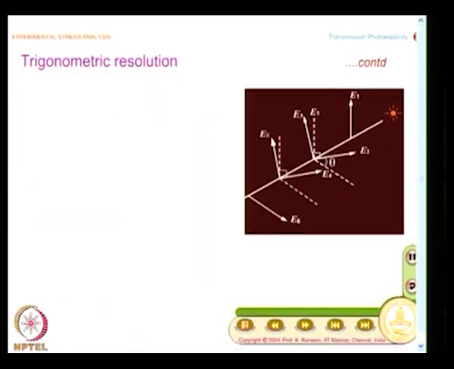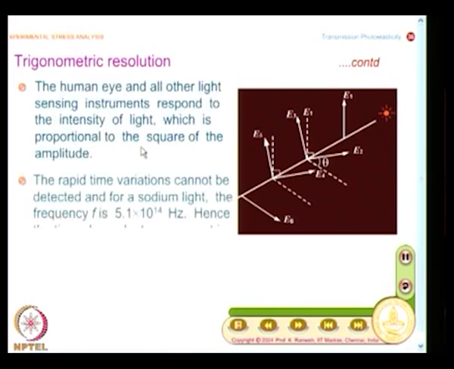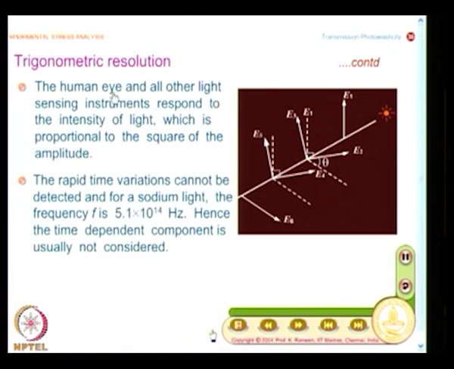Okay, so we will have a look at what happens. The human eye is also a light sensing instrument. The human eye and all other light sensing instruments respond to the intensity of light. It is a very key concept. Why we always look at the intensity of light is because we respond only to this, and there is a relationship.